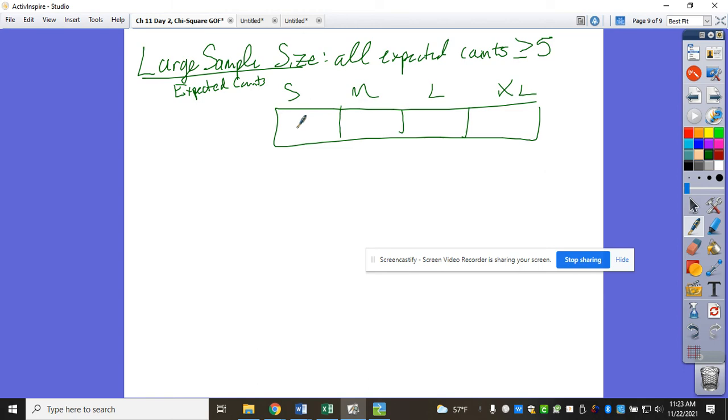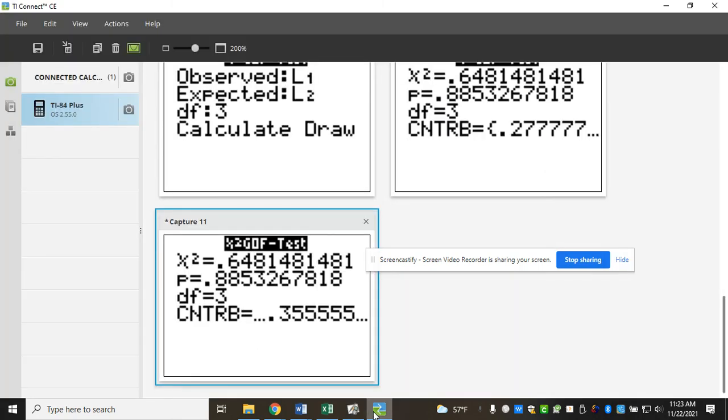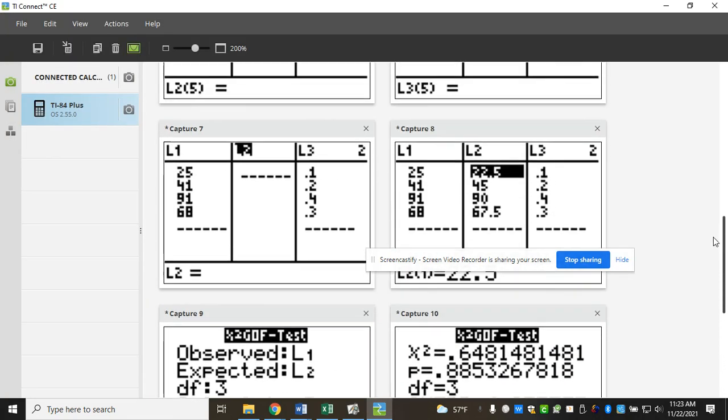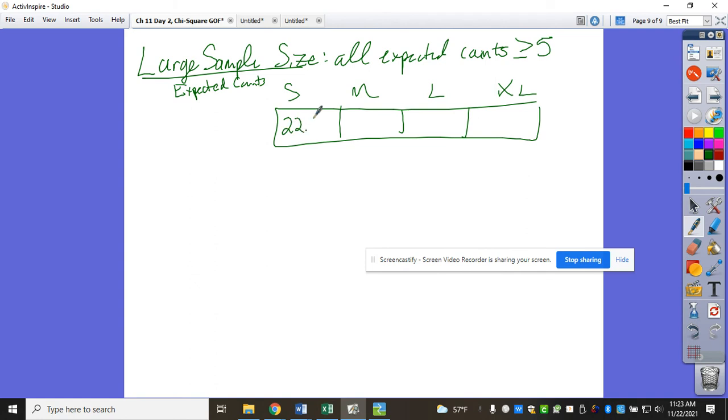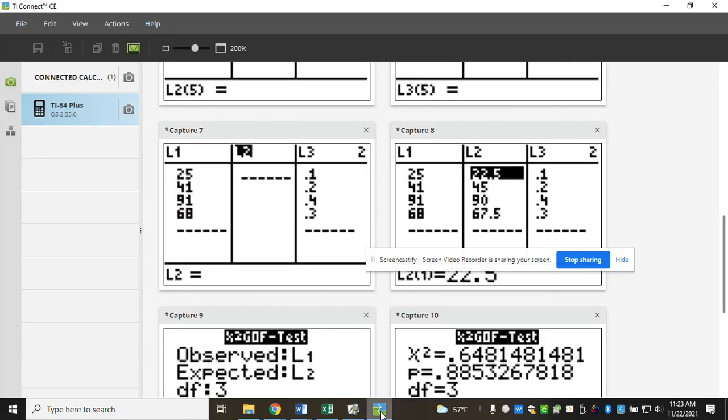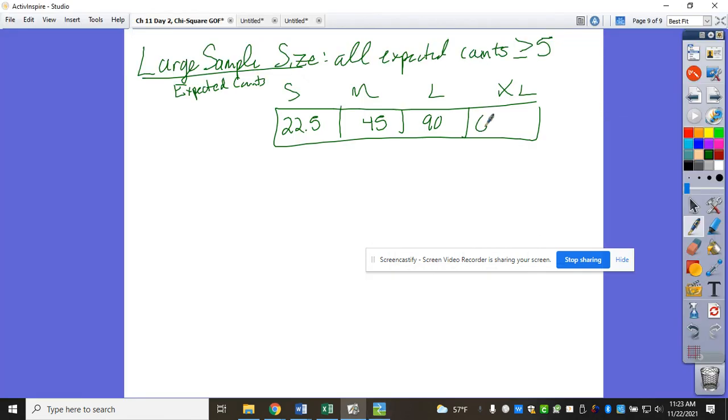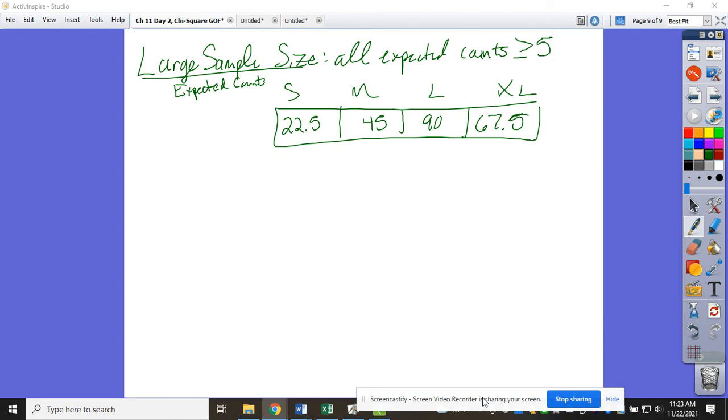And which was 22.5. And that's all I'm writing for that part.